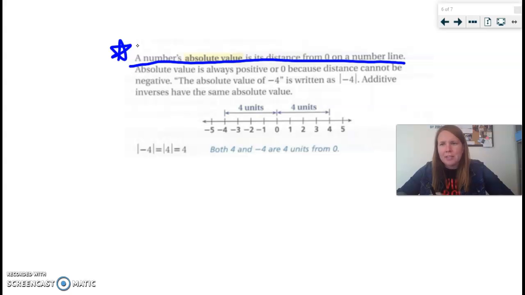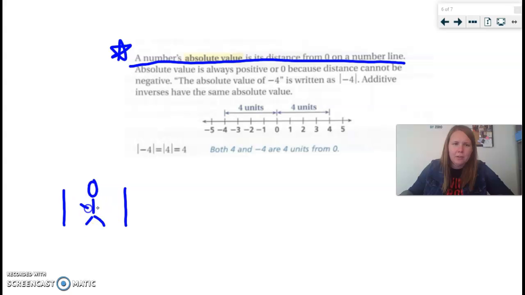I also like to use the analogy, and I don't remember if I talked to you guys or if it was my algebra students, of a shower. For absolute value, think, okay, here's your shower walls. Maybe there's a little person in here taking a shower. If you go into a shower clean, you're always going to come out clean. You go into a shower dirty, you're going to come out clean as well.